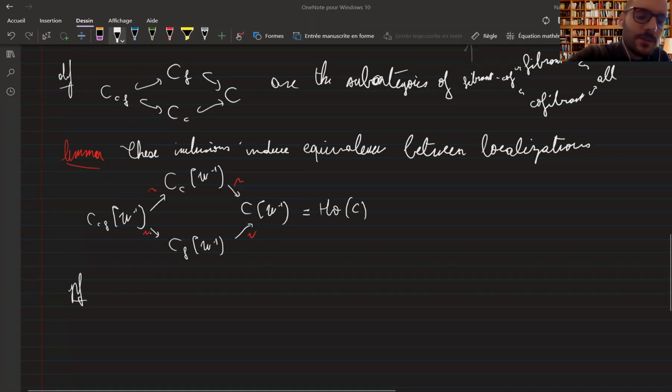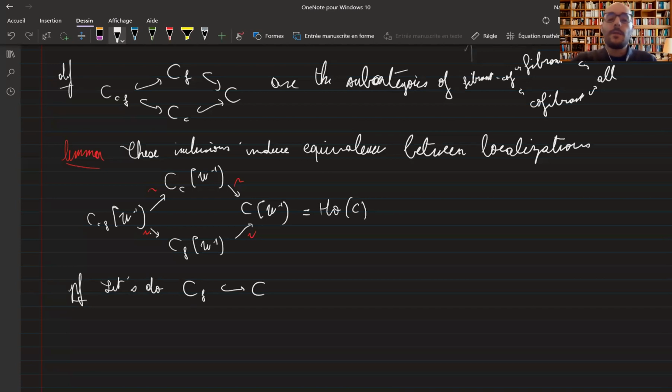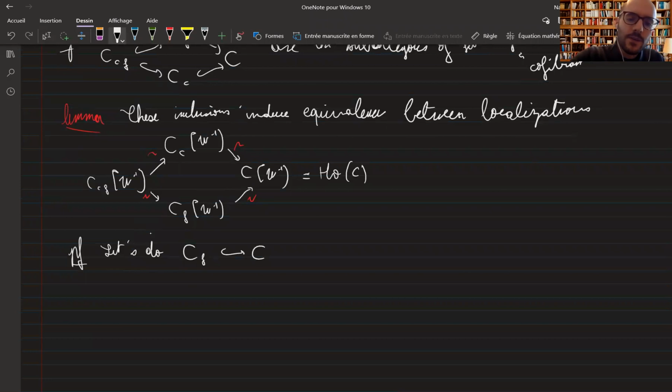So let me do the case for fibrant objects. You are going to see that all the other cases are completely identical. All right. So we are going to prove that this functor is an equivalence of categories. And to do this, we are going to provide an inverse of this functor up to natural isomorphism.